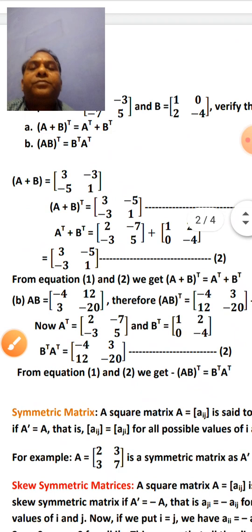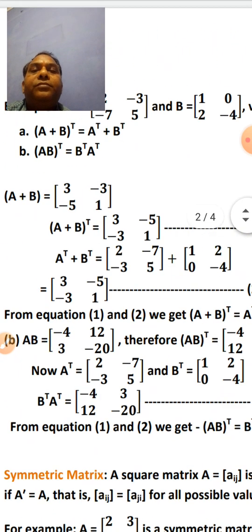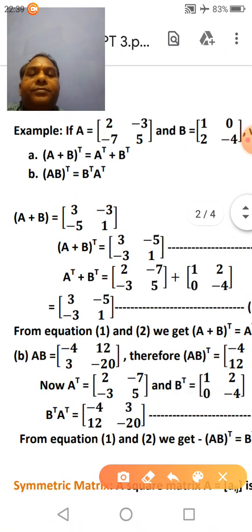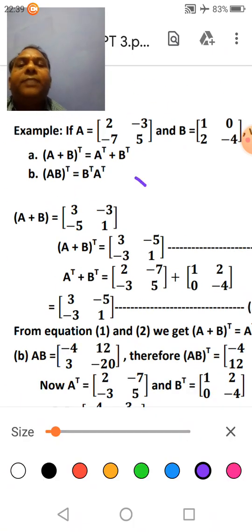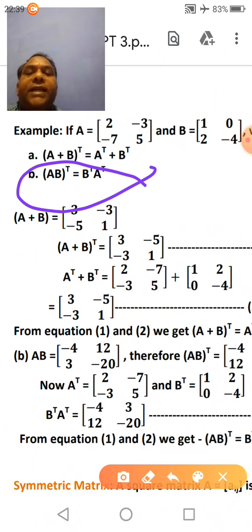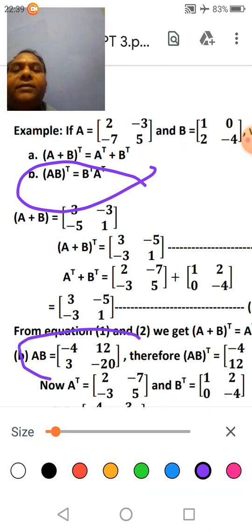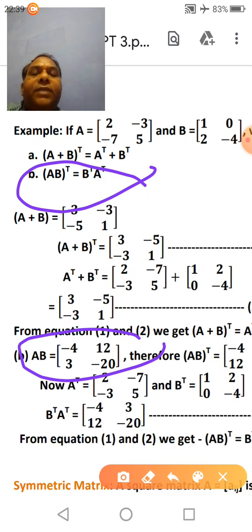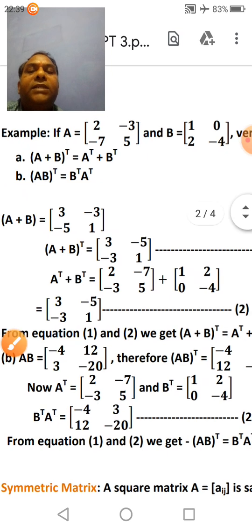Now, second part, we have to show that transpose of AB is equal to transpose of B into transpose of A. So firstly find AB. AB will be row wise -4, 12, 3, -20. Then find AB to the power t, means transpose of AB.